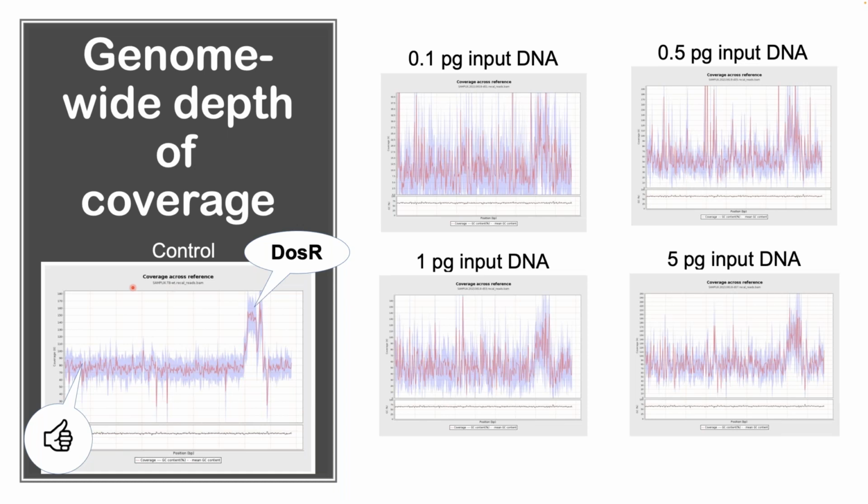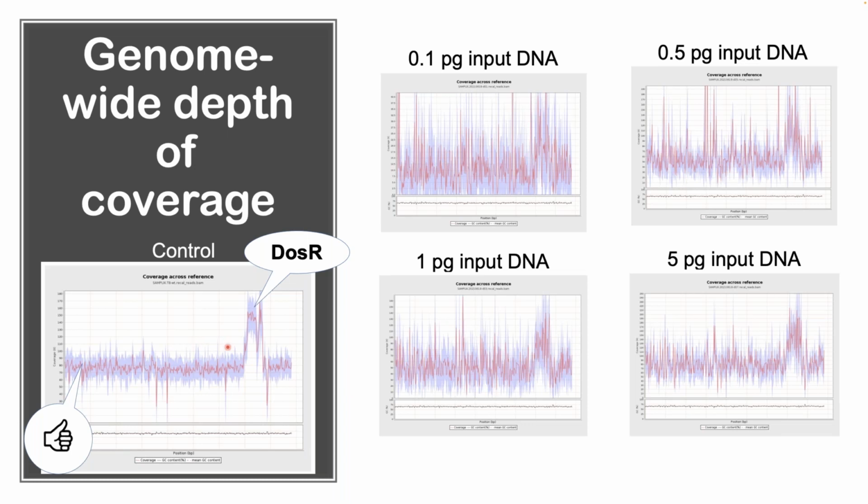So in the control sample, in this panel, we observed relatively uniform depth of coverage across the MTB genome, with one notable exception, this DosR region, a known large duplication of about 350 kb present in certain MTB lineages, including this one that we worked with. So this region exhibited approximately double the coverage of the rest of the genome, consistent with previous observations.